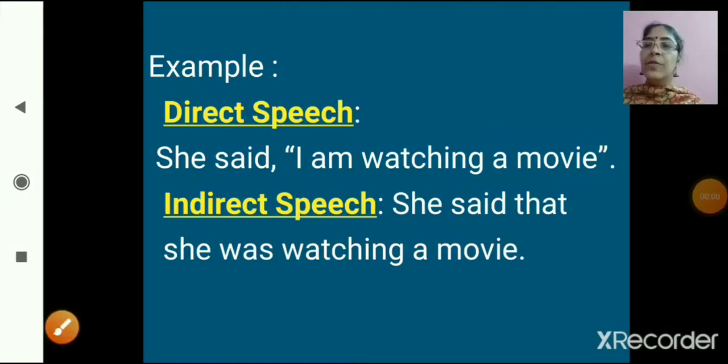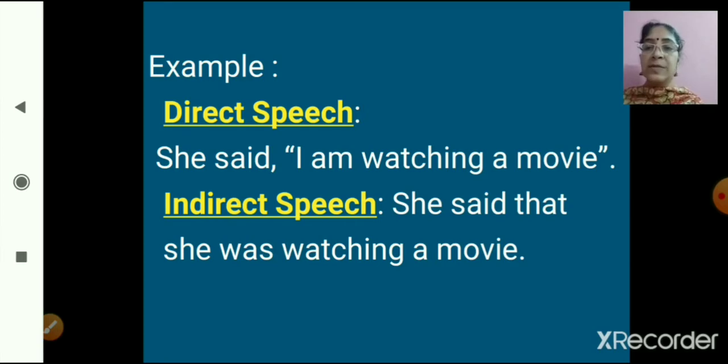Let's look at the example. In direct speech, she said, "I am watching a movie." The narration is in inverted commas, so it is direct speech. When we have to change it into indirect speech, the first rule you have to remember is to remove the inverted commas.